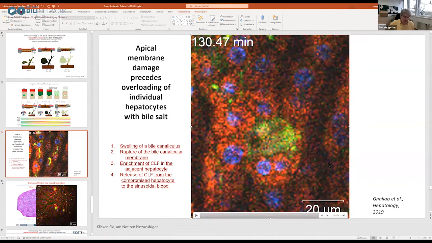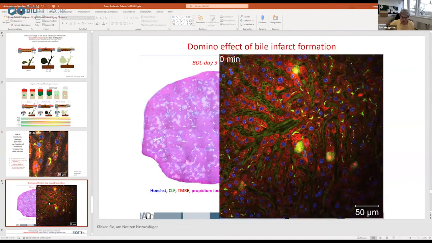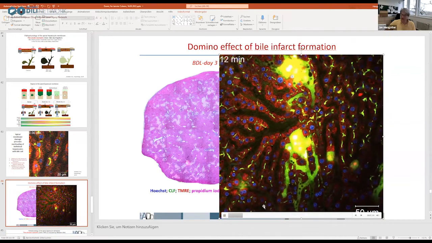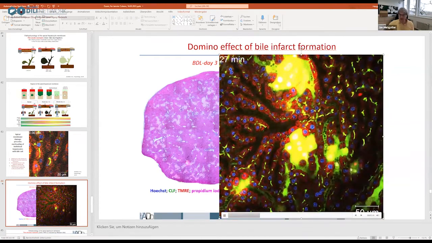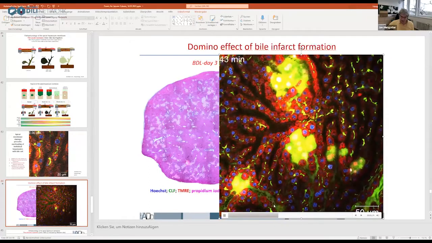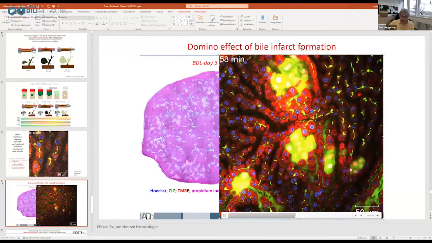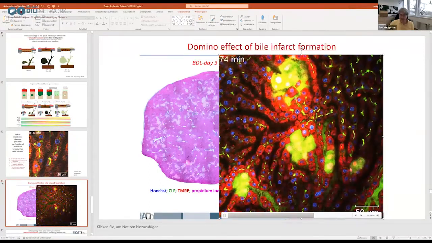But this is only the beginning of something which we name the domino effect of bile infarct formation. Such single dispersed ruptured hepatocytes have a tendency to cause this domino effect so that also neighboring hepatocytes are compromised. And so here you see how these infarcts release fluorescent material to the bloodstream.